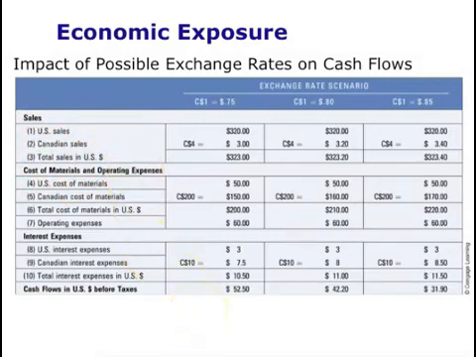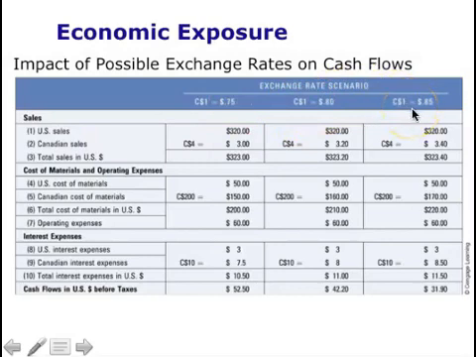Here we assume that the multinational corporation expects three possible exchange rates for the Canadian dollar over the period of concern. So they assume three scenarios. This is one of the scenarios: what if the exchange rate is 1 Canadian dollar equal to 0.7 dollar. This will be the second scenario, and this is the third scenario.